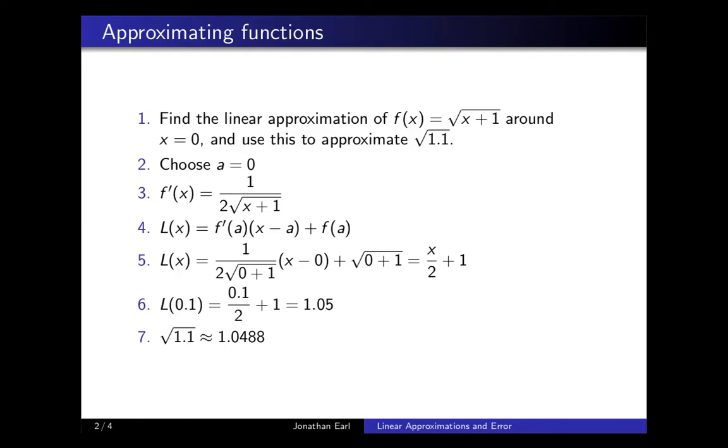So one of the ideas you could think about with linear approximations is, in effect, you are asked to get a reasonable approximation to something, like in this case, square root of 1.1, but you don't have a calculator to get the exact answer. You need to come up with some way of approximating it.